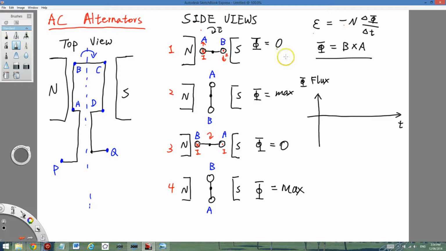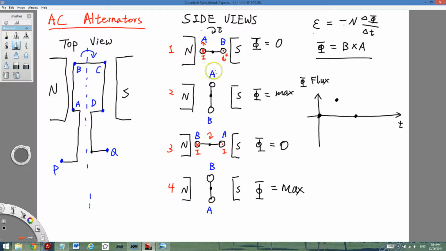Initially the magnetic flux is 0. After a quarter period, after it turns 90 degrees, the magnetic flux goes to maximum. After it turns 180 degrees, the magnetic flux is 0. Then afterwards, the magnetic flux is maximum again.